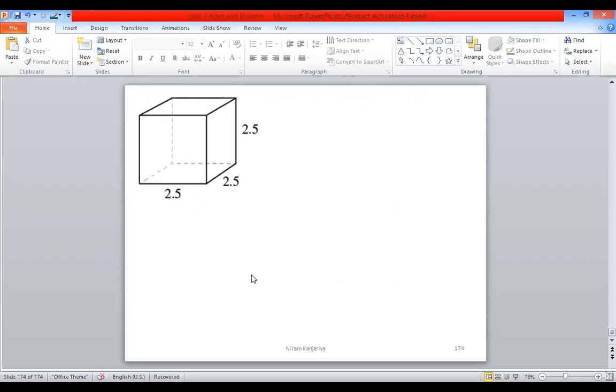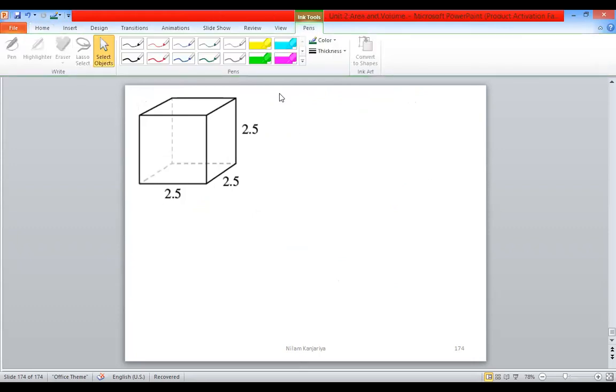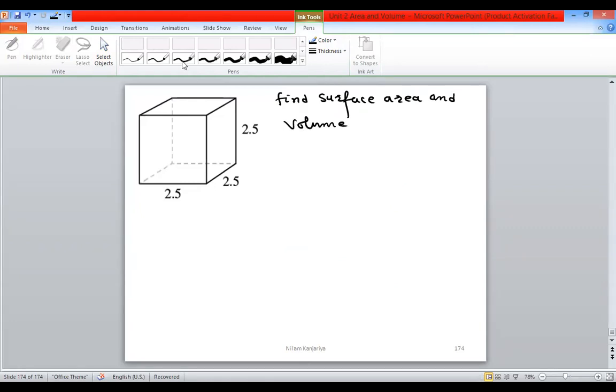Find its volume and surface area. And this is in centimeter. 2.5 centimeter. All the quantities are in centimeter.